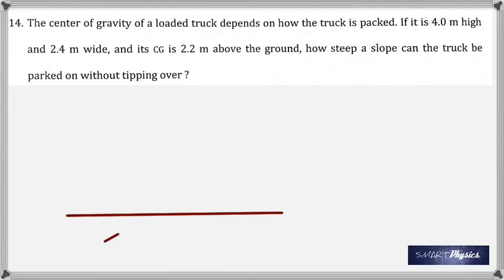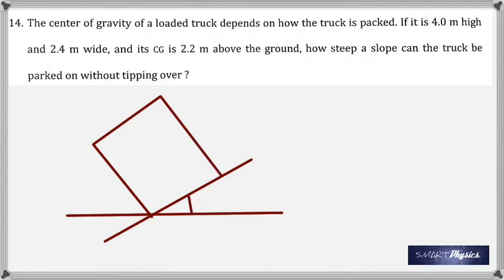Okay, let's get the diagram. That's the truck, that's how it looks. And that's the slope that you see. And that's how much the angle is with the horizontal. The base is given as 2.4 meters. Okay, this is the idea.